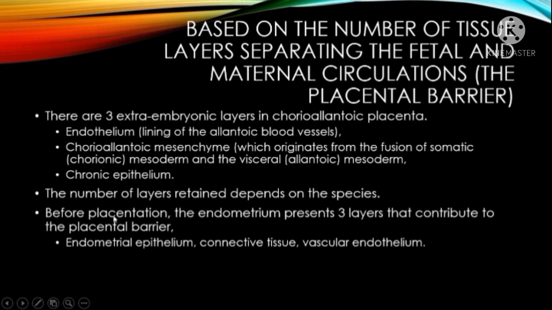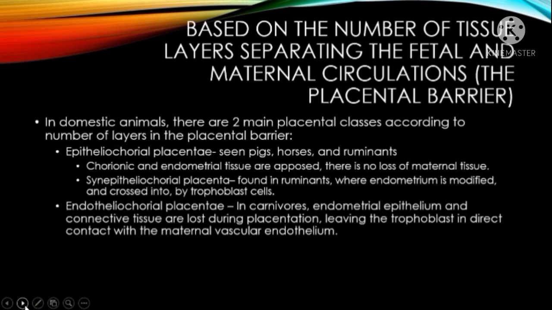Before placentation, the endometrium presents three layers that contribute to the placental barrier. First is the endometrial epithelium, second is connective tissue, and third is the vascular endothelium. In domestic animals, there are two main placental classes according to the number of layers in the placental barrier.